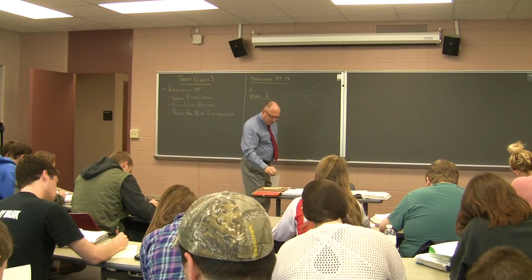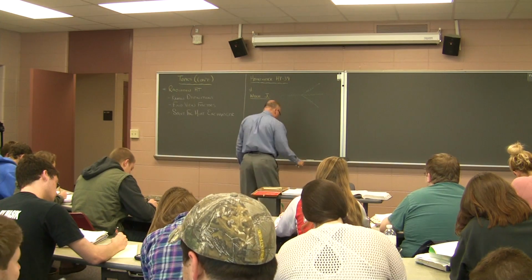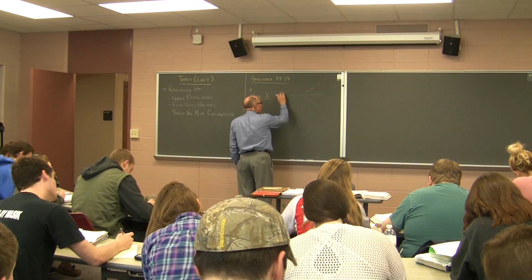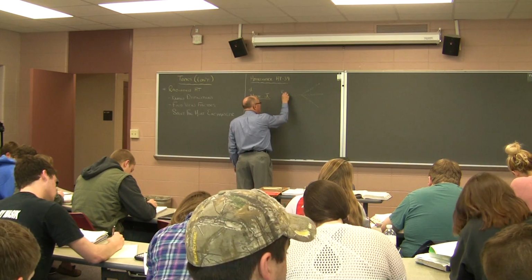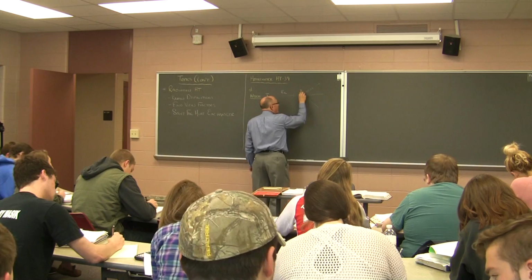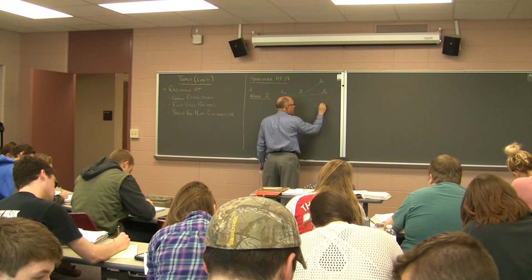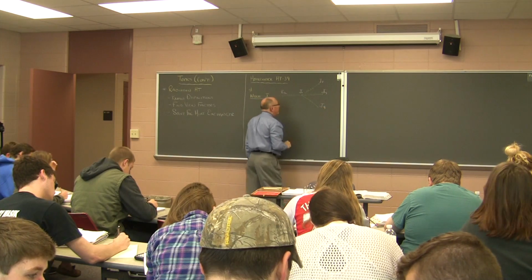All right, so if I do this node, I have EB1, J1, J2, J3, and J4.